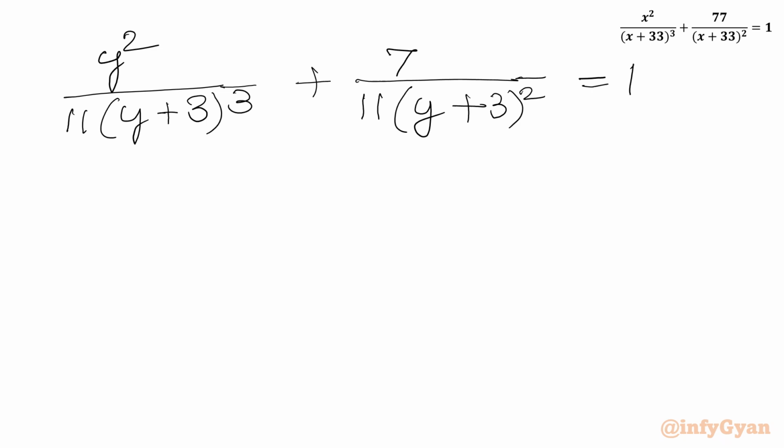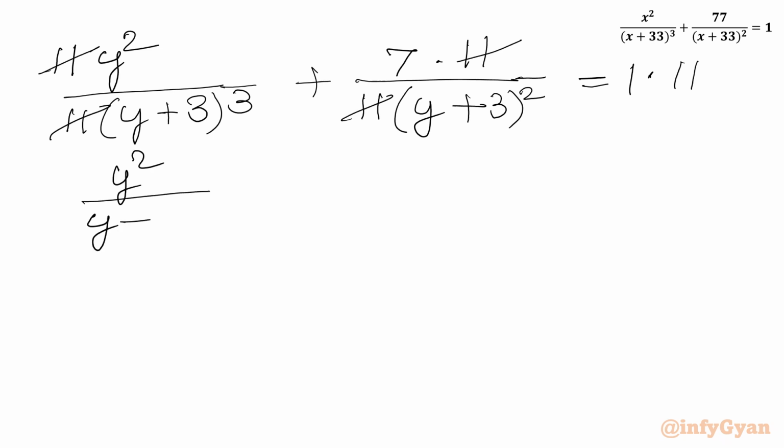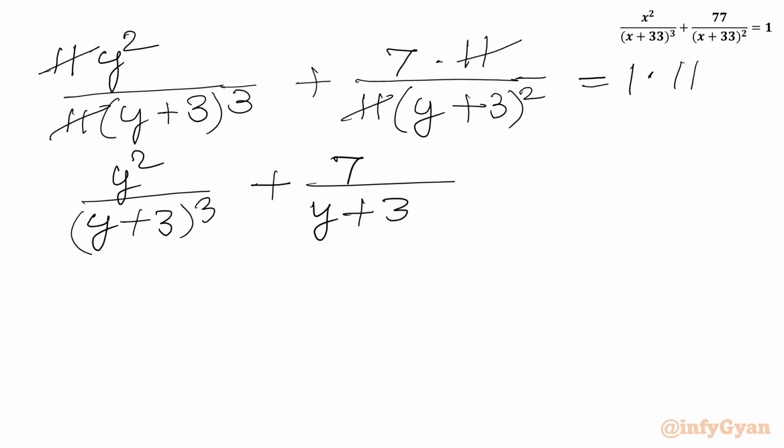Now I will multiply both sides by 11, so I will write here 11 times 11. Now this 11 will be over. So we will write our equation: y square over (y plus 3) whole cube plus 7 over (y plus 3) whole square equal to 11.